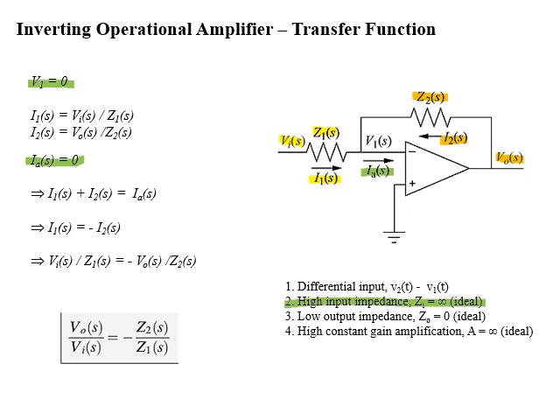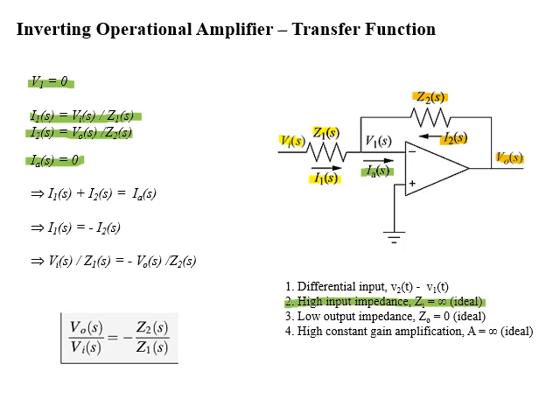Now input current I1 of s will be equal to input voltage divided by input impedance. The feedback path current I2 of s will be equal to output voltage divided by impedance of feedback path, which is Z2 of s.